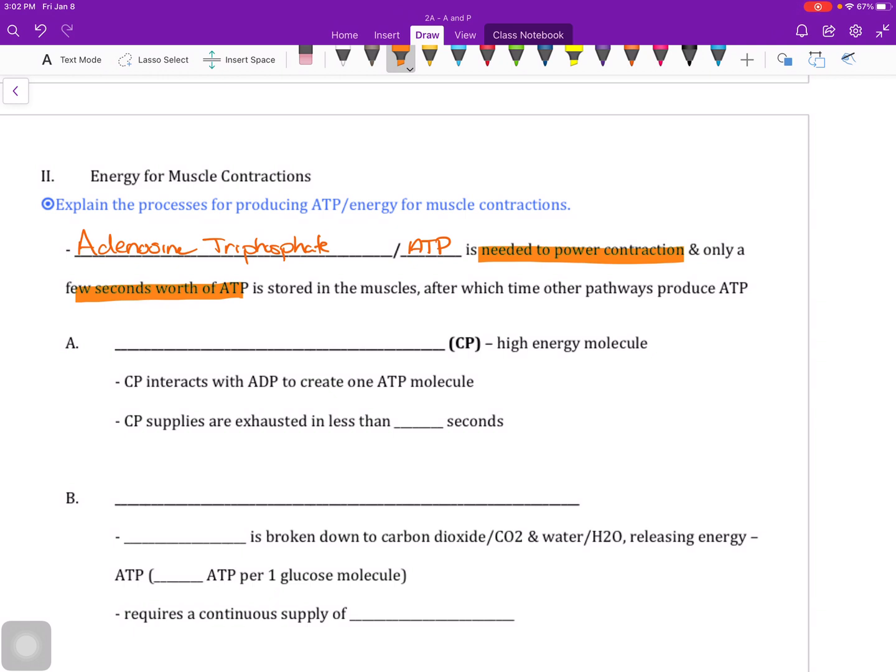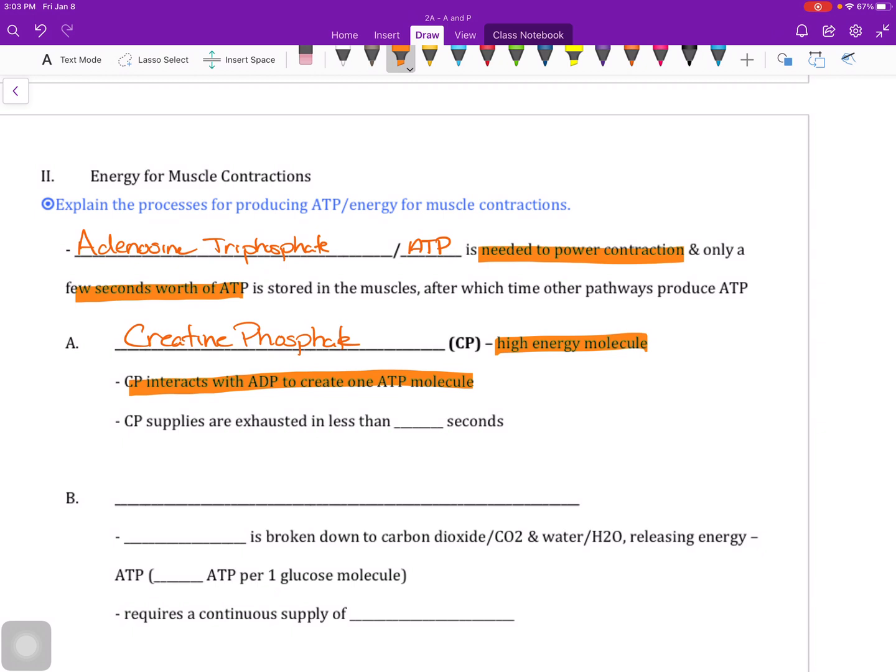So one of the first pathways you have is called creatine phosphate, or CP. This is a very high energy molecule. And so CP interacts with ADP to create one ATP molecule.